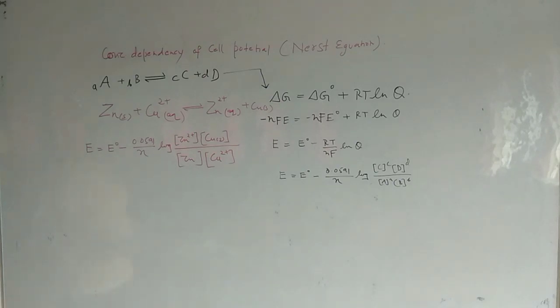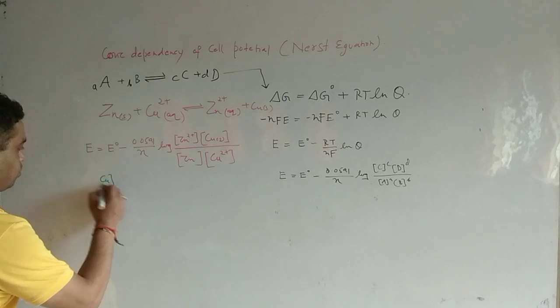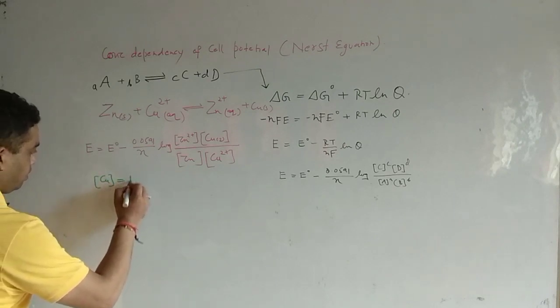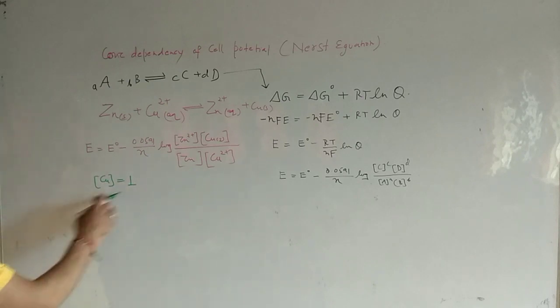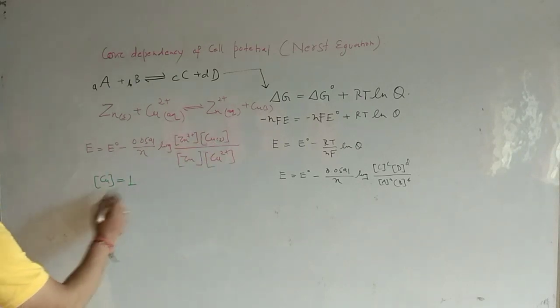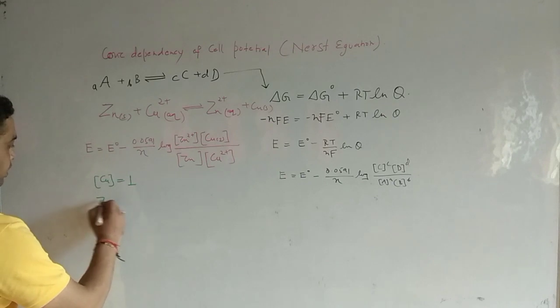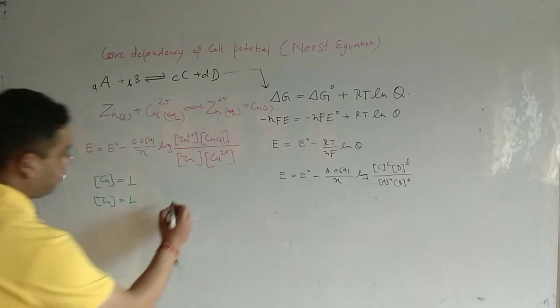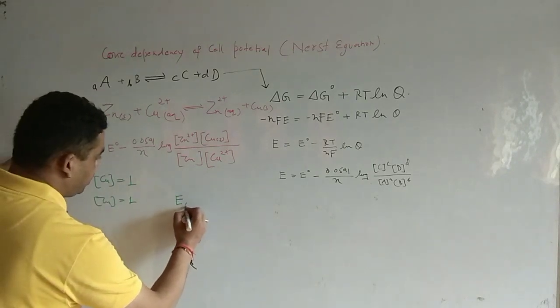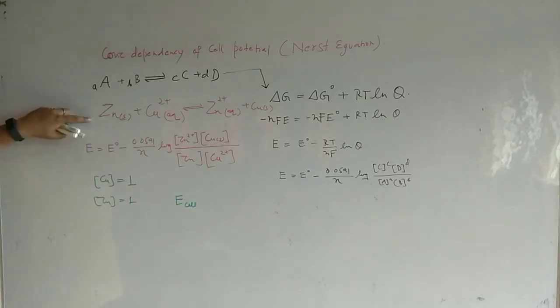Now you can recall one very important thing. I have told you these neutral metals' contribution can be taken as unity, so you can write 1 for this Cu. Similarly for this Zn you can write 1. So your final expression becomes E cell, because they are constituting a cell now.